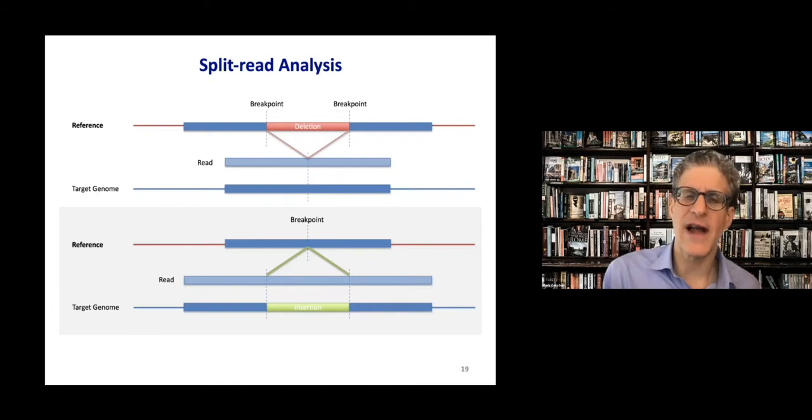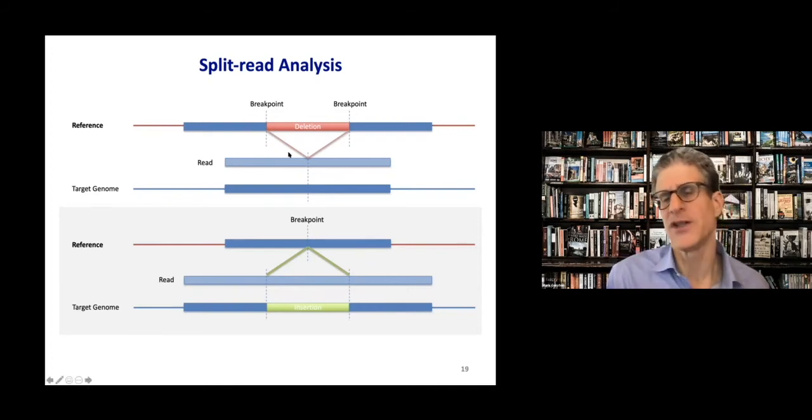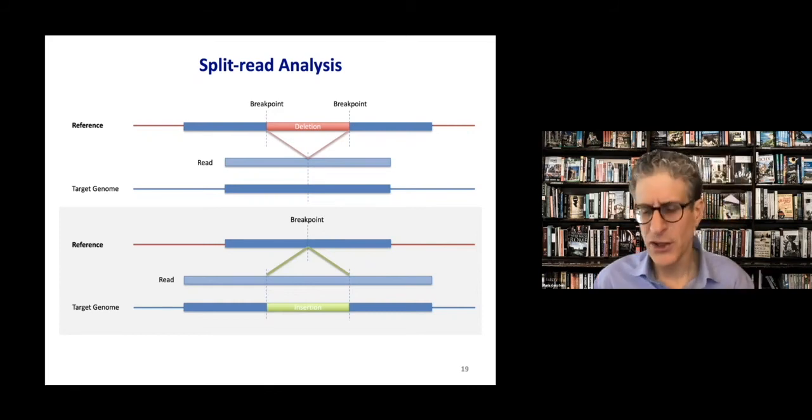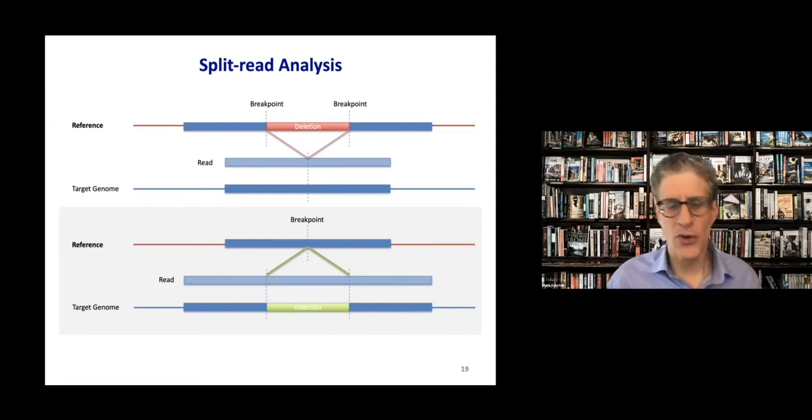People have a variety of different ways of doing this. Usually what they do is they map all the reads, they get all the ones that map easily, then they're left with a few reads that don't map, and they use this more complicated mapping approach to find where the read might split.